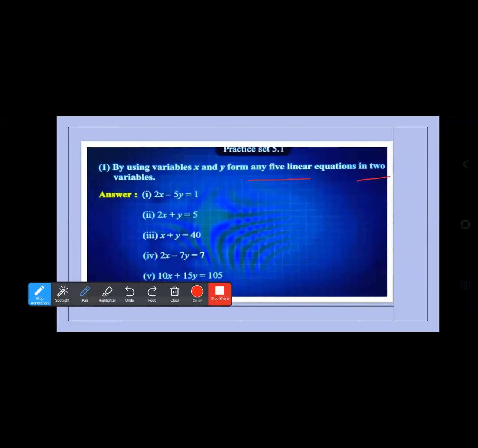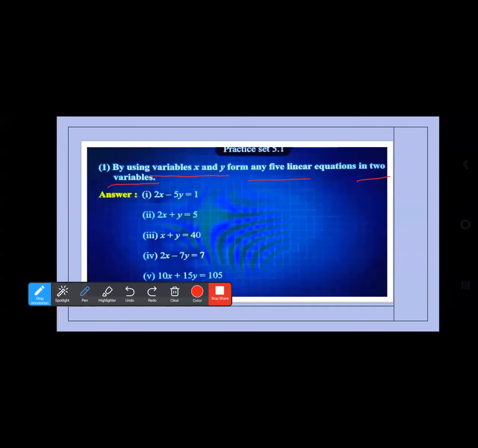in two variables. Now this is an open-ended question. Open-ended means everyone will get a different answer and all the answers will be correct unless and until they satisfy the condition given in the question. So you have to take variables x and y, which means your equation should consist of only x and y.